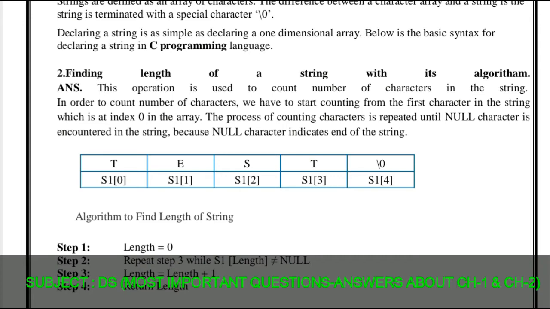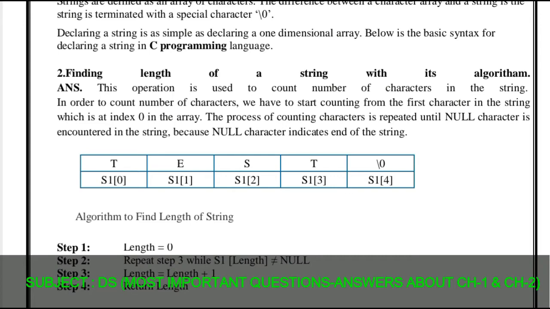So s1[0] is the string at index 0, then s1[1] is index 1, then s1[2] is index 2, then s1[3] is index 3, and s1[4] is index 4, and at last \0 means the string is terminated, and \0 means here is the end of the string.